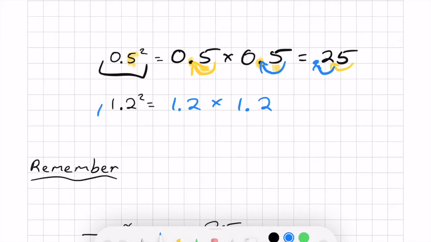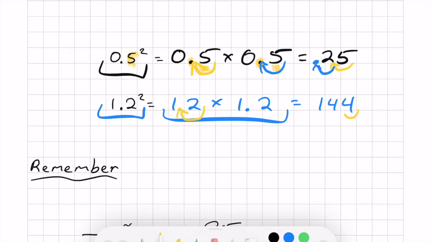Okay, so basically 1.2, 1 and 2 tenths, squared is going to be written like this. The first thing I do is I just say, what is 12 times 12? Well, I know that 12 times 12 is 144. Then I do the same thing again as I look to where the decimal is.